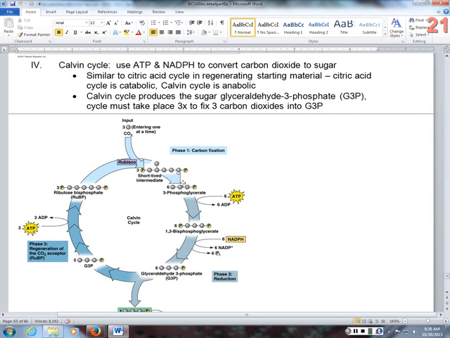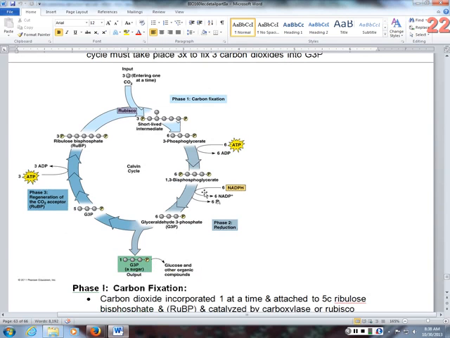This is the carbon fixation phase. And it's going to use some of that ATP you generated in those light reactions. It's also going to use some of those electrons from the NADPH.